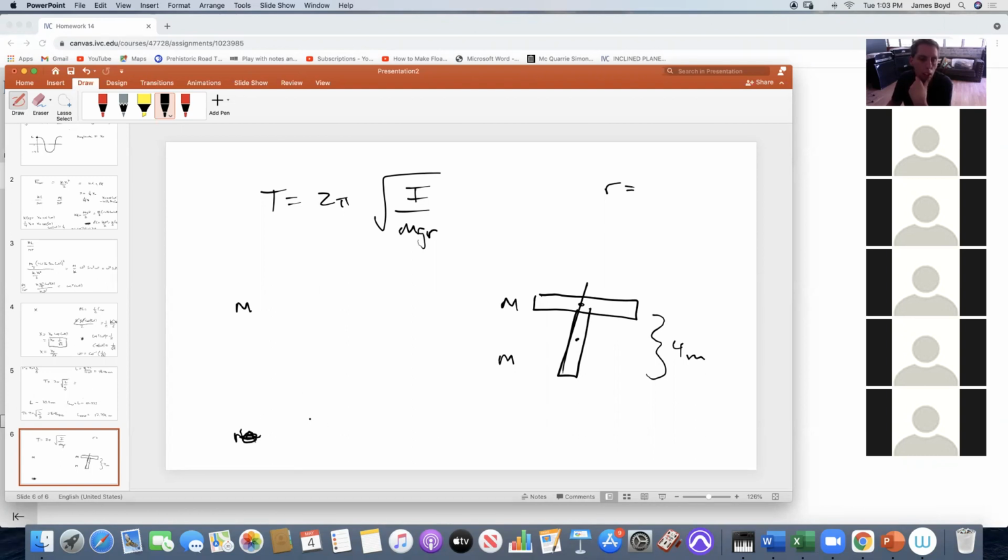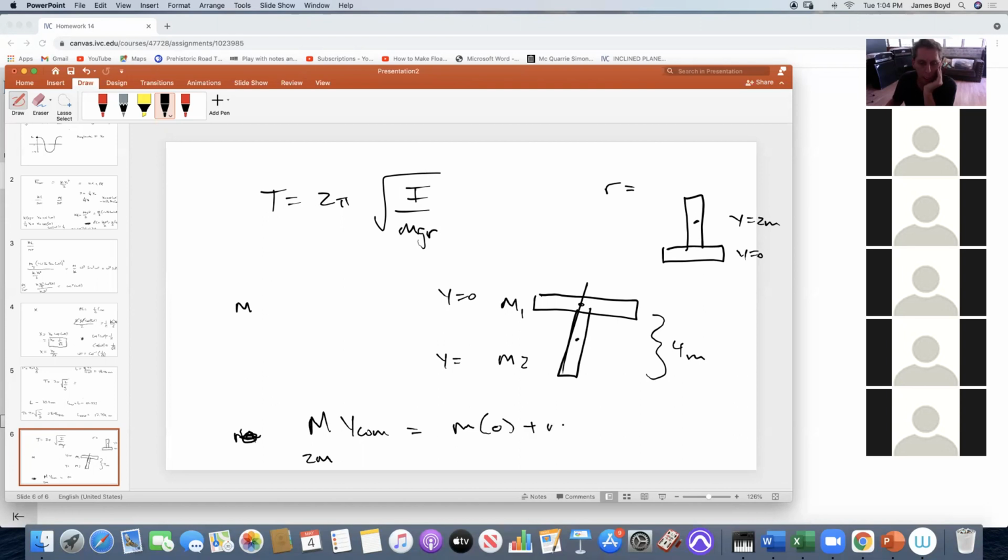So hold on. Big M times Y to the center of mass, where big M is 2M, is equal to, let's call this M1 and M2. This is Y is equal to 0, and this would be Y is equal to 2 meters. That's where the center of mass of this guy is, and we have to add them. So M times 0 plus M times 2.